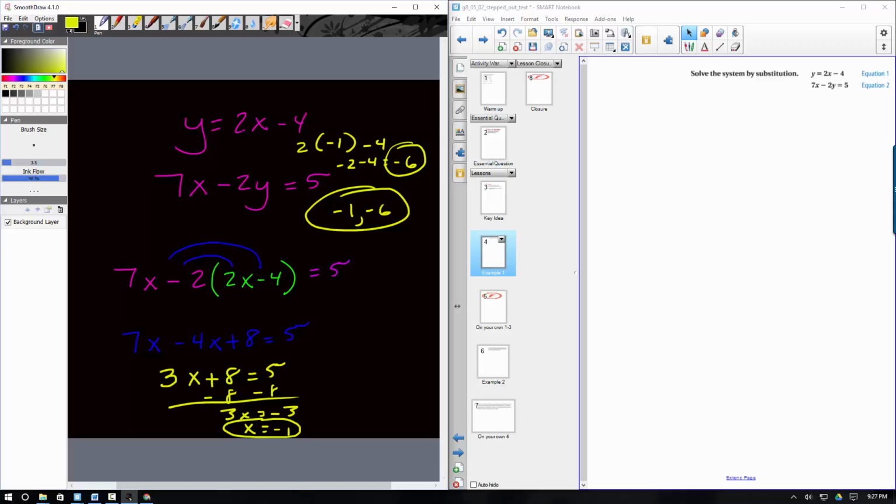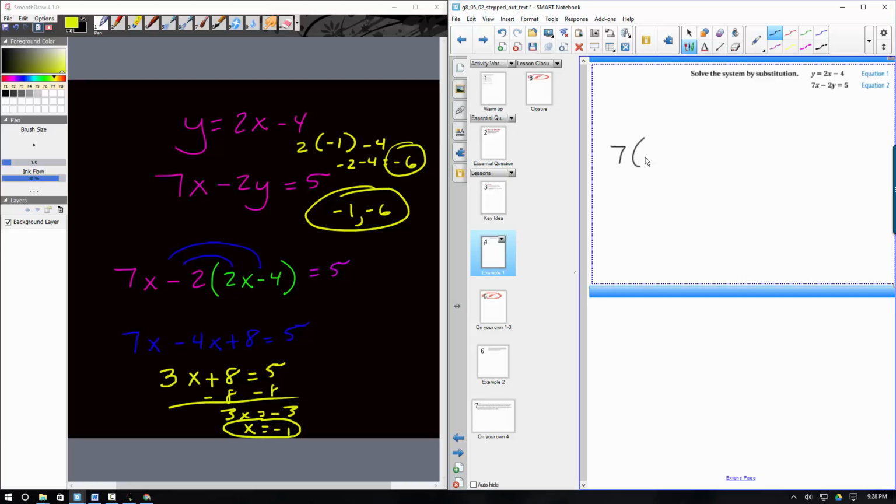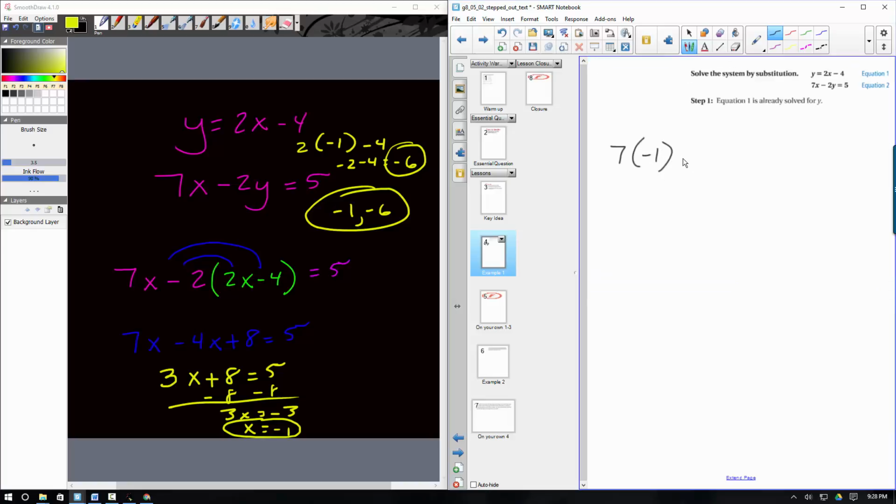So I know that if I plug in a negative 1 here, that becomes negative 2. And then negative 2 plus negative 4 is negative 6. So that works. If I plug in a negative 1 here, I get negative 7. Let me write it up here. So if I put down 7 times negative 1 minus 2 times negative 6, that should equal 5.